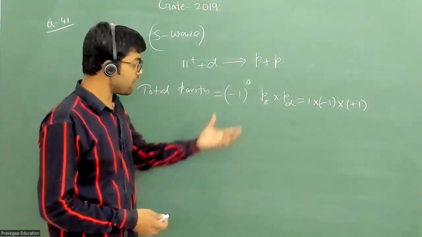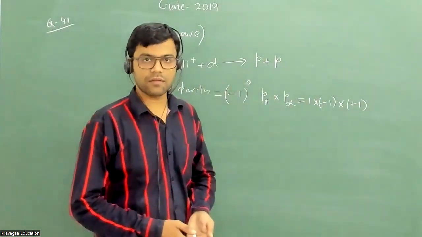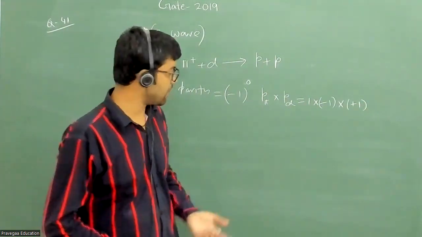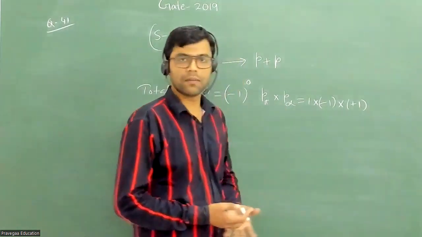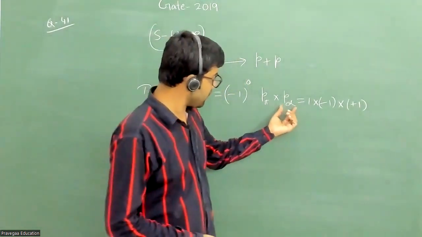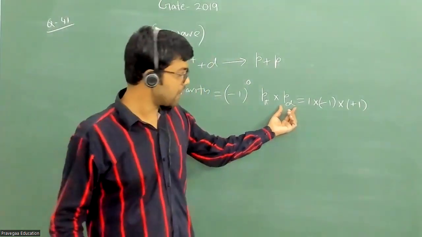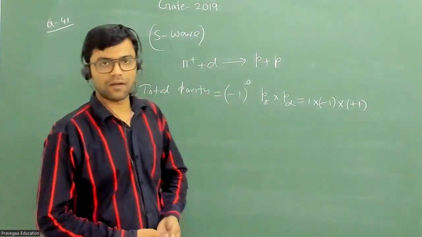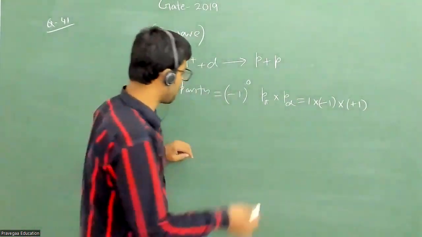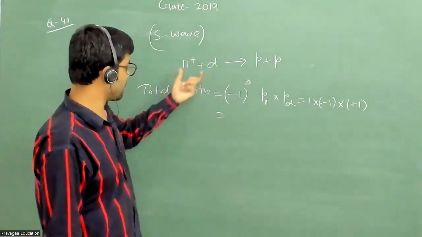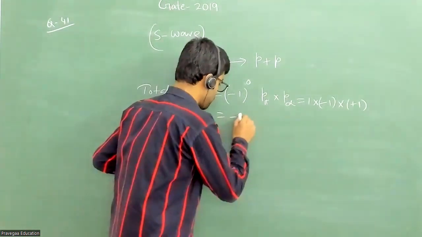This type of question is asked many times, and students get confused about the intrinsic parity of deuteron. Okay, so although deuteron is like a boson particle, it has intrinsic parity +1. So this is all about the total parity of the left hand side. That will be -1.